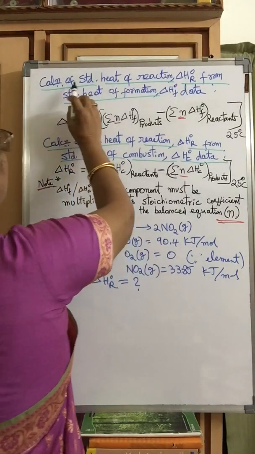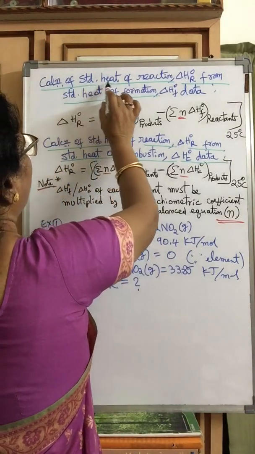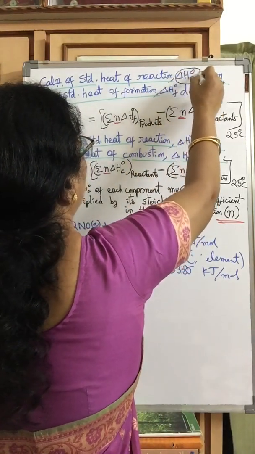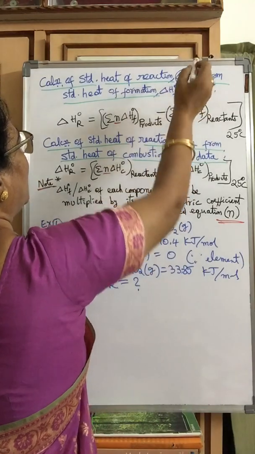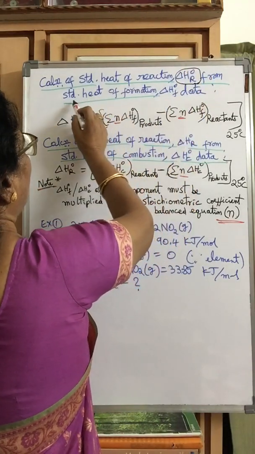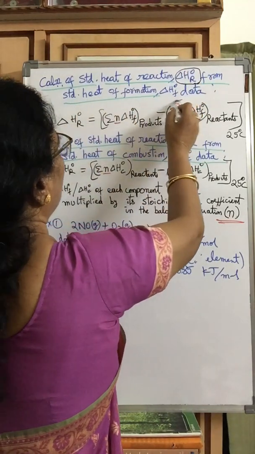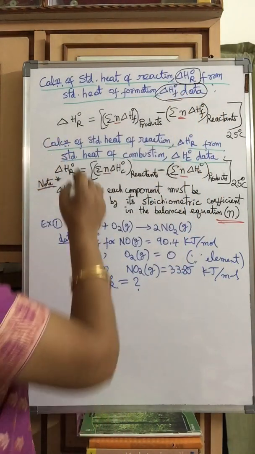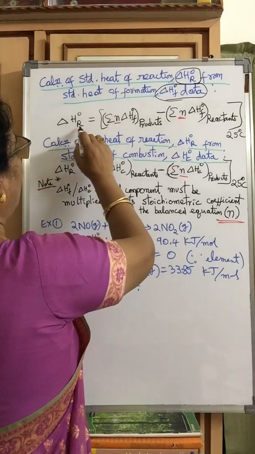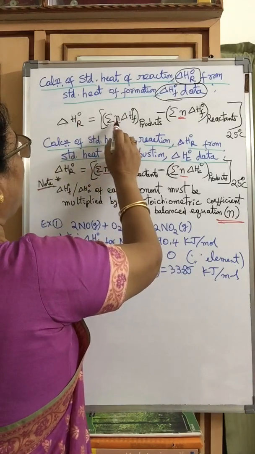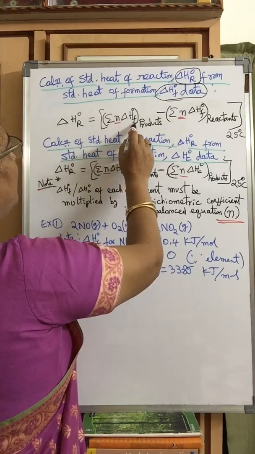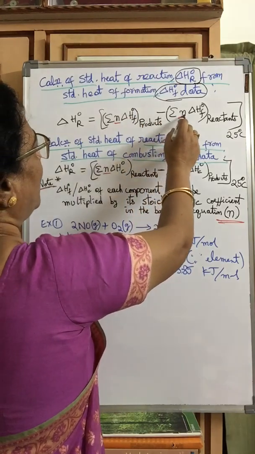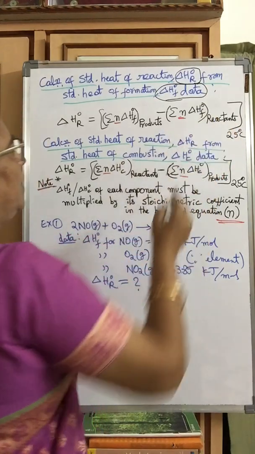So the first one is calculation of standard heat of reaction, delta HR naught, from standard heat of formation data. For that the equation is delta HR naught equals sigma n delta HF naught of products minus sigma n delta HF naught of reactants.